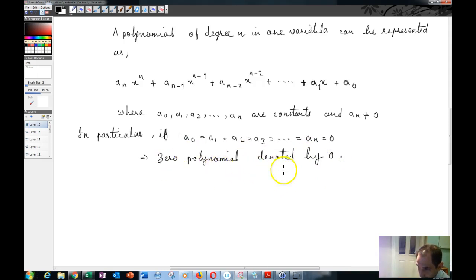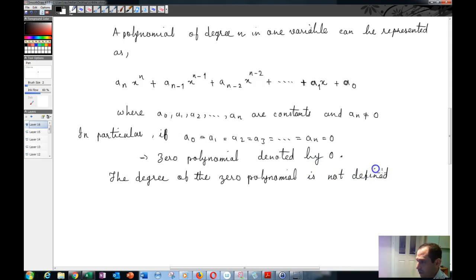And one important thing about the 0 polynomial is that the degree of the 0 polynomial is not defined.